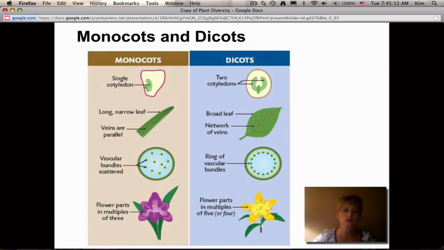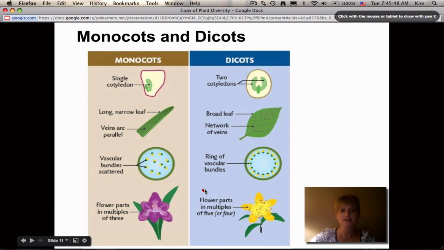And then if we do a cross section of a monocot, we'll see that the vascular bundles are just randomly distributed throughout the stem. And one of the best ways to tell a monocot from a dicot is that monocots have flower parts in multiples of 3. So it might have 3 petals, it might have 6 petals, it might have 9 petals, it might have 12 petals, but it'll be a multiple of 3 if it's a monocot.